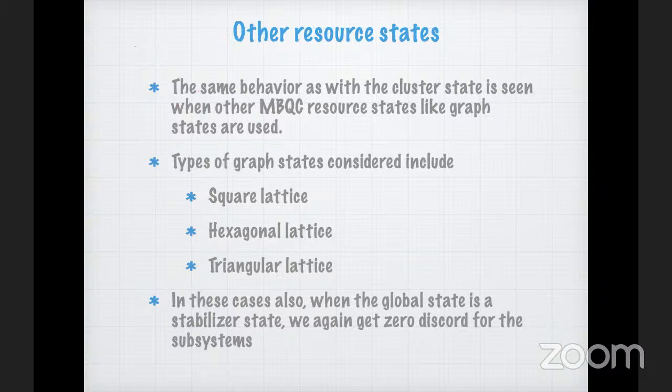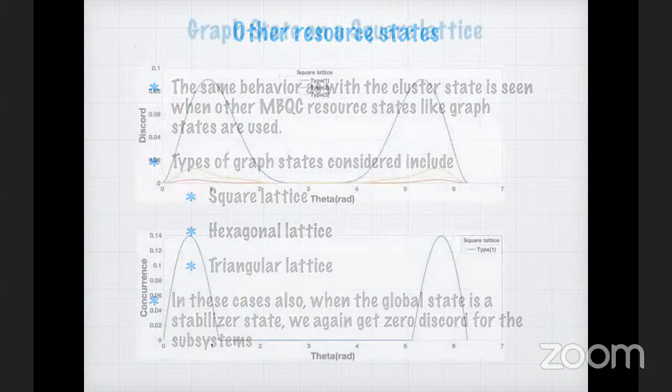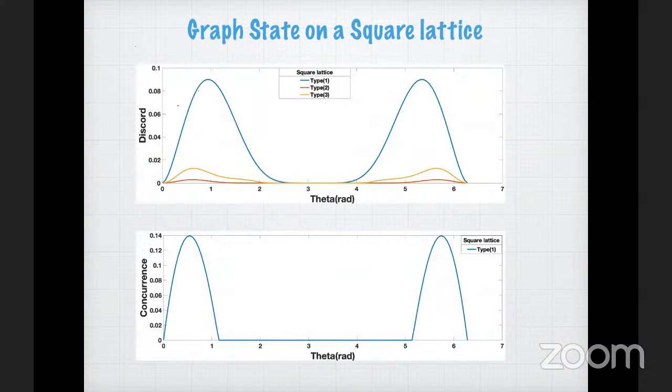Okay. This is the same kind of plot that we have done for the graph states on a square lattice, where we are showing the quantum discord and the concurrence.